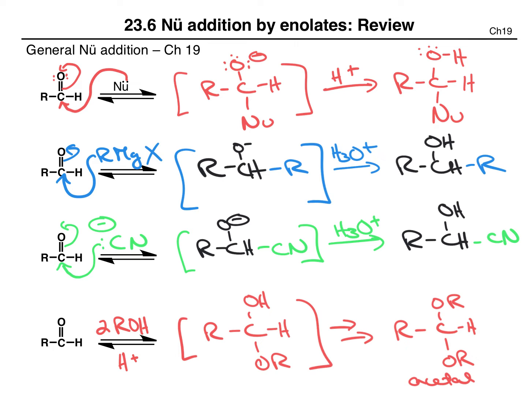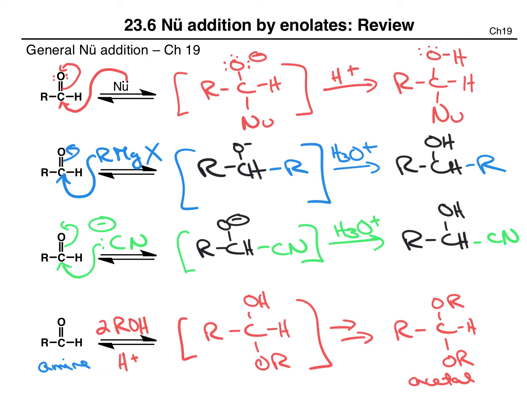Remember when we used an amine, whether it was a primary amine or a secondary amine, you would also get an intermediate analogous to this, but then it would also react further to give an imine or an enamine. So we've seen a number of different nucleophiles that react in this way.